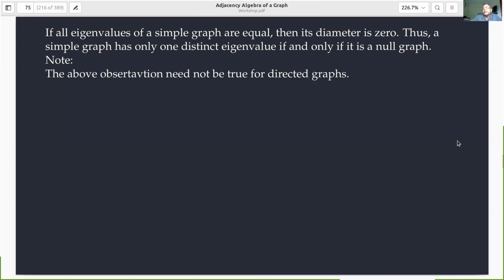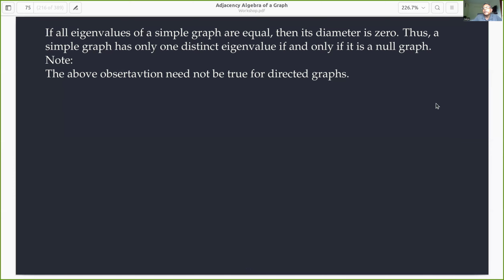Am I clear about this? Can you tick yes if you are clear? So we are characterizing. Very beautiful, right? If only one distinct eigenvalue, then it is a null graph only. Done, complete. We are able to characterize the graphs with eigenvalues now. One graph at least.